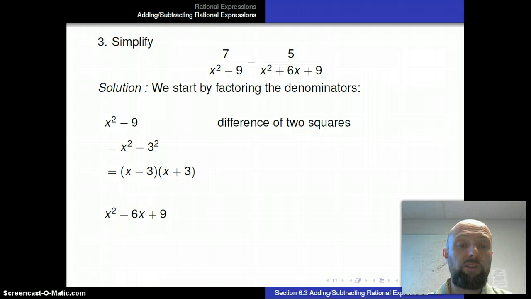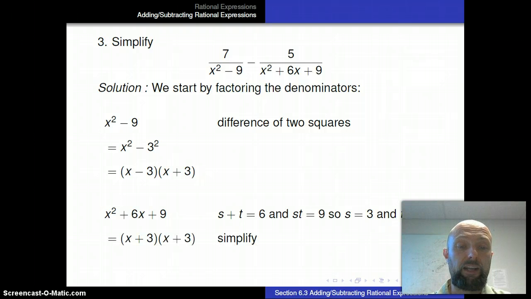For x squared plus 6x plus 9, our method says that we are looking for two numbers whose sum is 6 and whose product is 9. We see that 3 and 3 will work. 3 plus 3 is 6, and 3 times 3 is 9. So we immediately have the factorization x plus 3 times x plus 3, which we can simplify to x plus 3 squared.